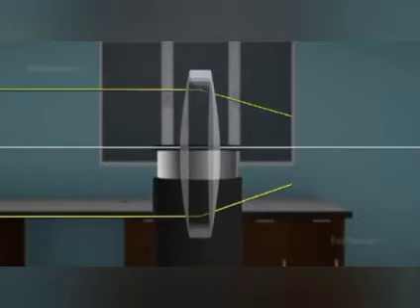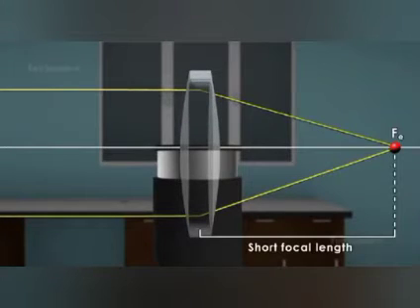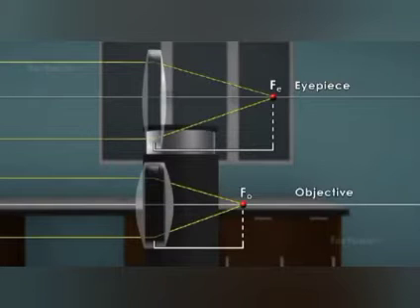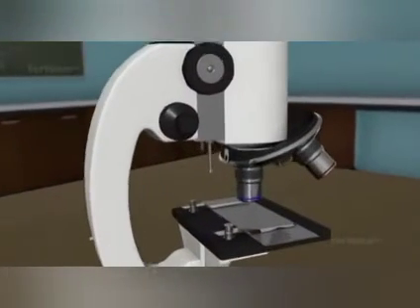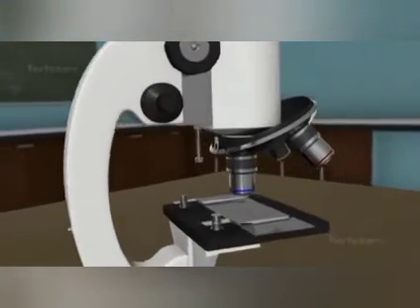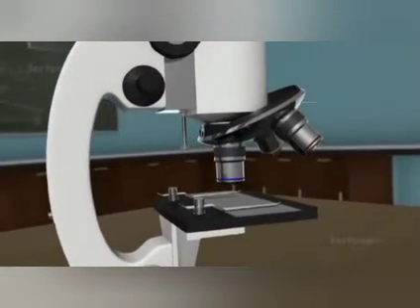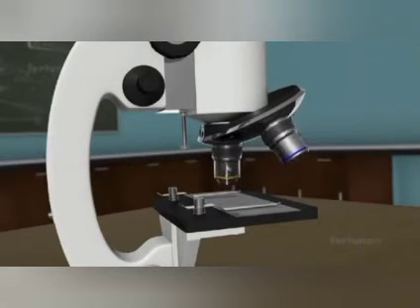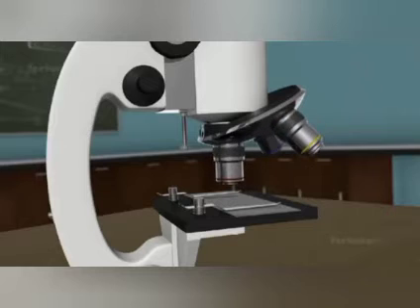Although the eyepiece also has a short focal length, FE, it is still greater than the focal length of the objective. A revolving nosepiece, known as a turret, is attached to the lower end of the objective. The turret can be rotated to change the power magnification as necessary.